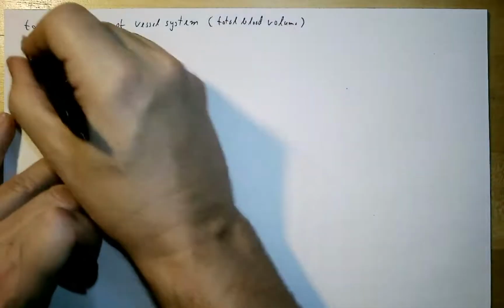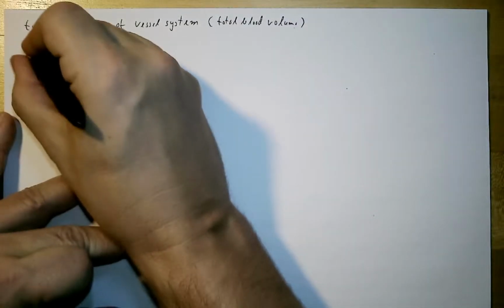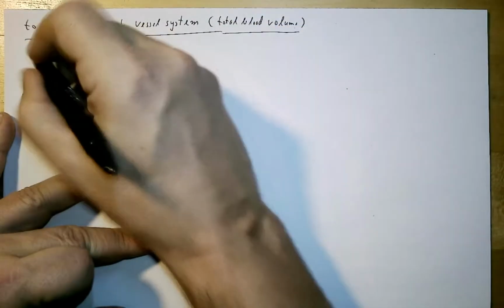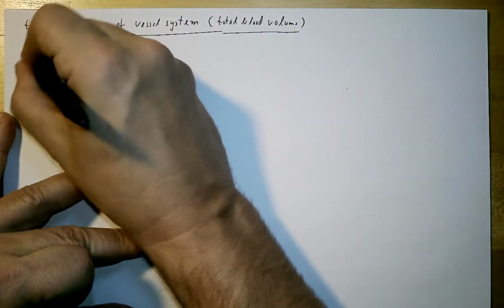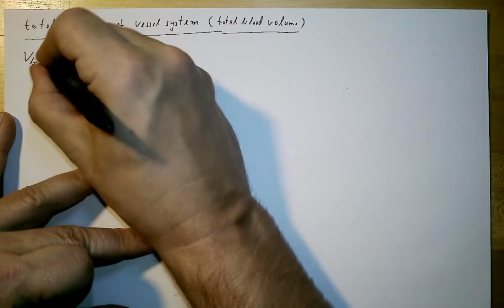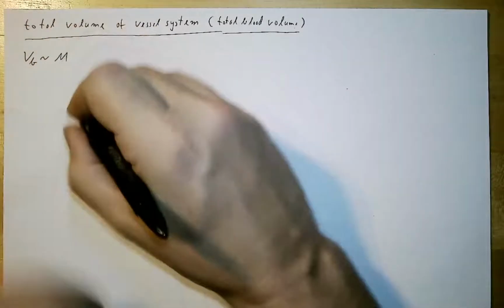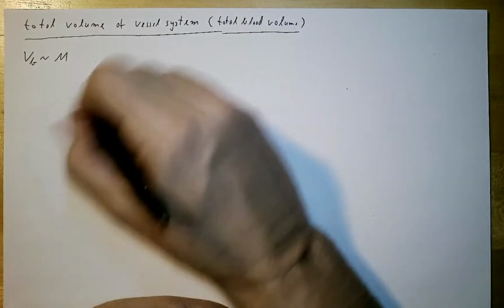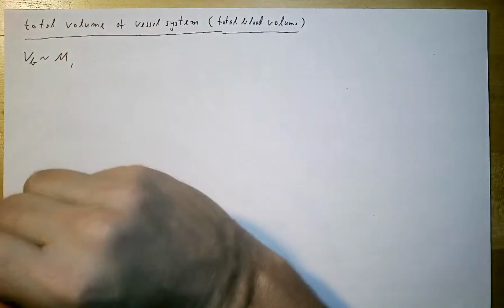And basically this means the total blood volume also gives us the total mass of the organism. So we say we're interested in the total blood volume, which should be proportional to the total mass of the organism. So, how do we get this?